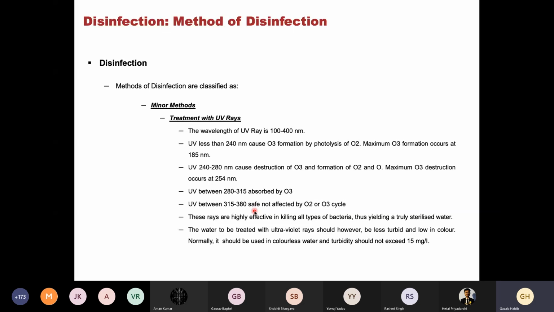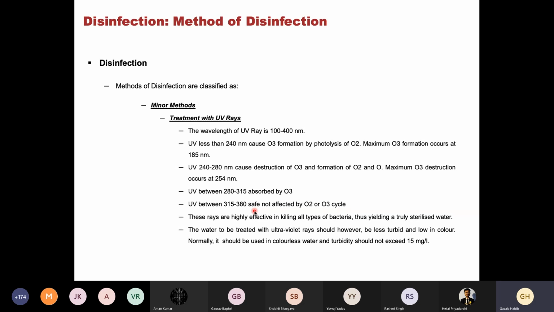Oxygen and nascent oxygen combine and produce O3. Maximum O3 formation occurs at 185 nanometer. I think the second one is being used. The first and second combination is used in the RO system.